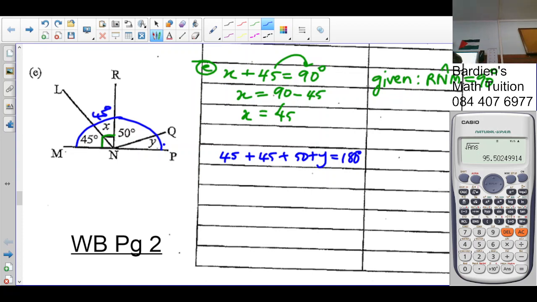What would my reason be? Angles on a straight line. So we get y on its own. y is equal to 180 minus 45 minus 45 minus 50. That gives us 40 degrees.